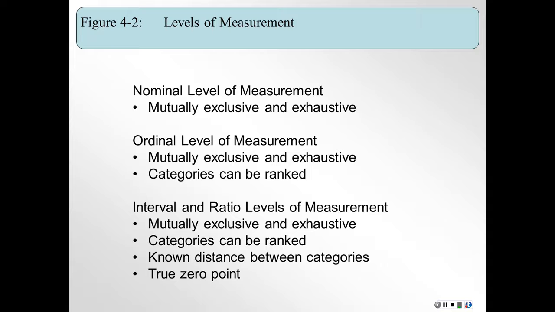Mutually exclusive means that the categories do not overlap. Male and female do not overlap. If we have exhaustive categories, this means that every case has a spot. There is a spot for every observation, a category of the variable for every observation. So, for example, let's say another example of a nominal level of measurement might be a person's religious affiliation.